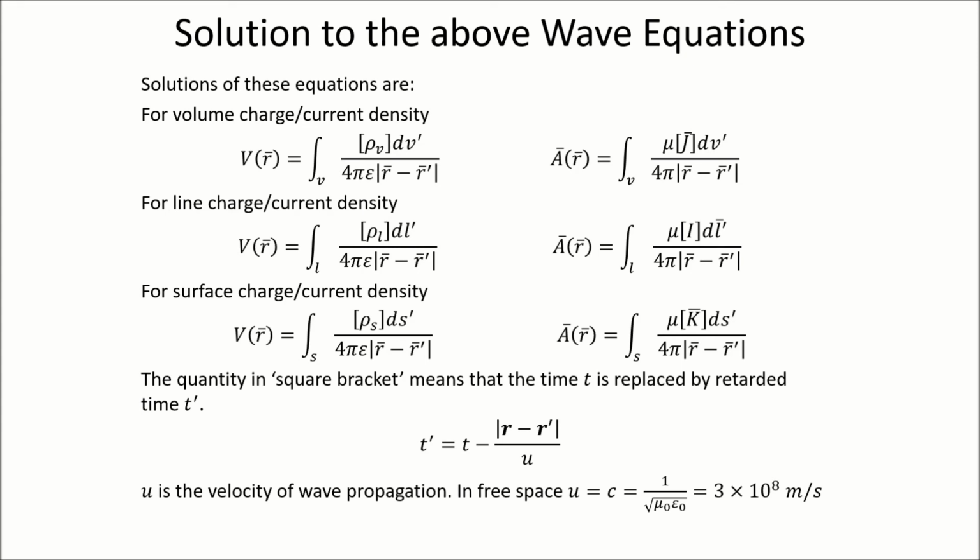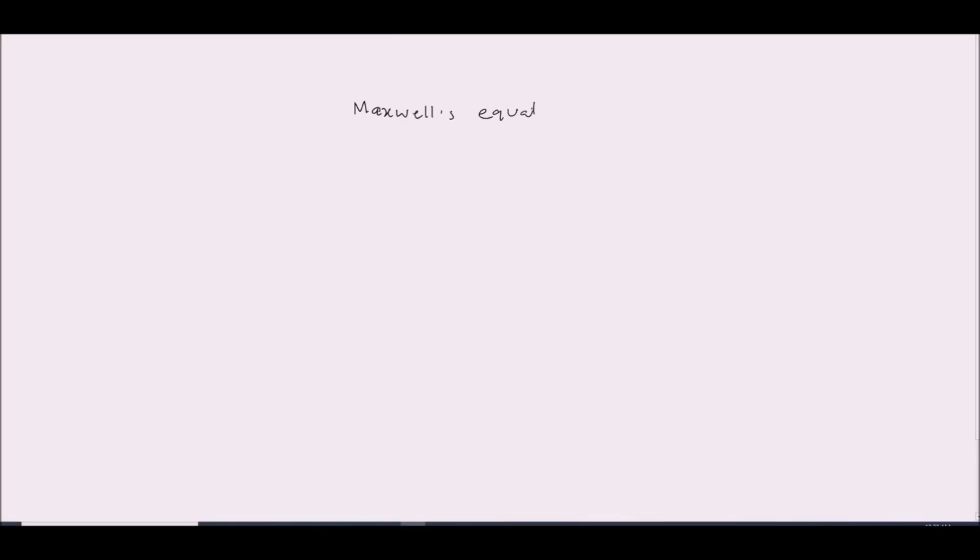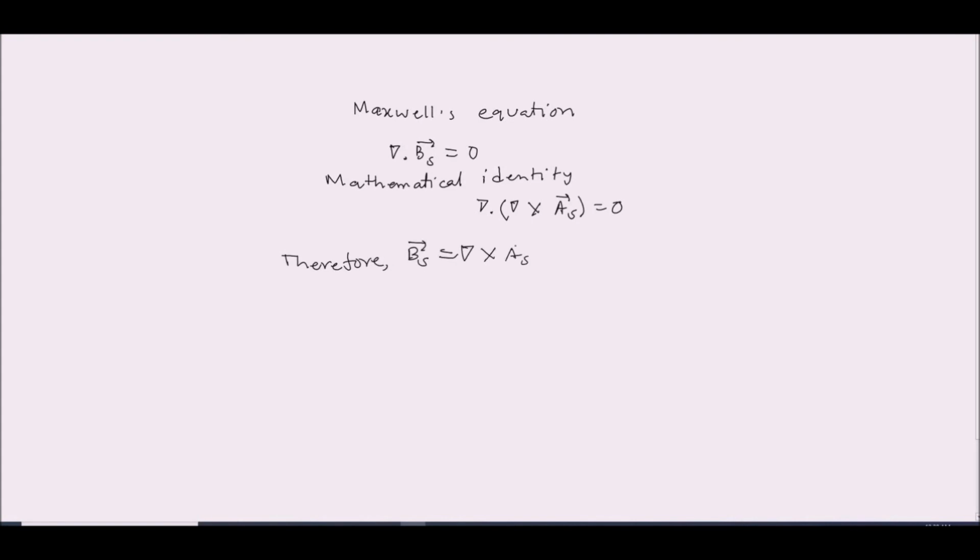I will repeat the work in the frequency domain. We start with Maxwell's equation, divergence of Bs is equal to 0. We also know a mathematical identity, that divergence of curl of any vector is equal to 0. Now if we equate these two, then we can write that curl of As is equal to Bs.